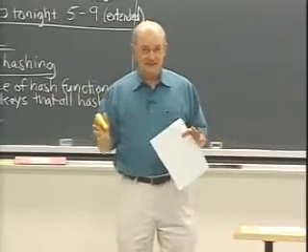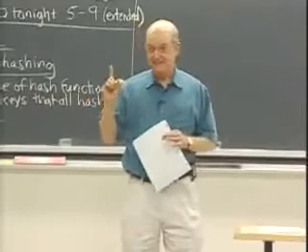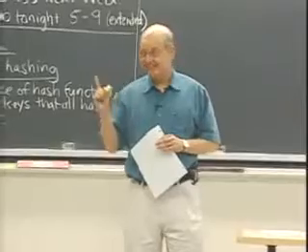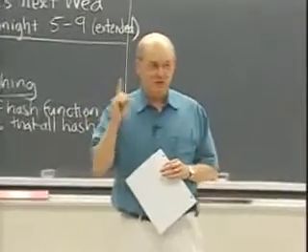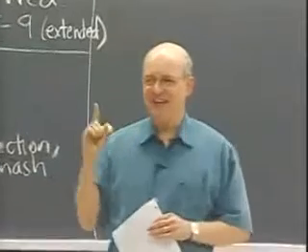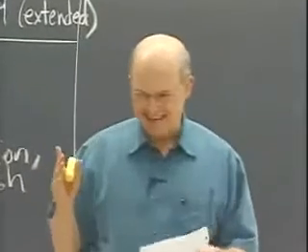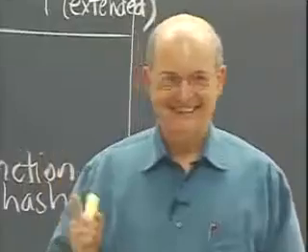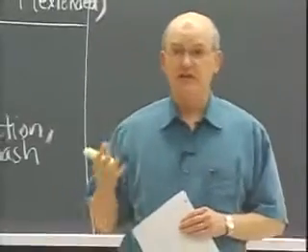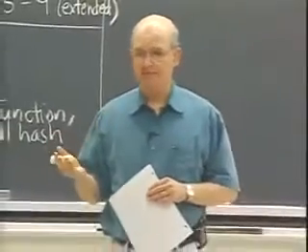And the answer is one word. How do you defeat any adversary in this class? Randomness. You make it so that he can't guess, and the idea is that you choose a hash function at random.